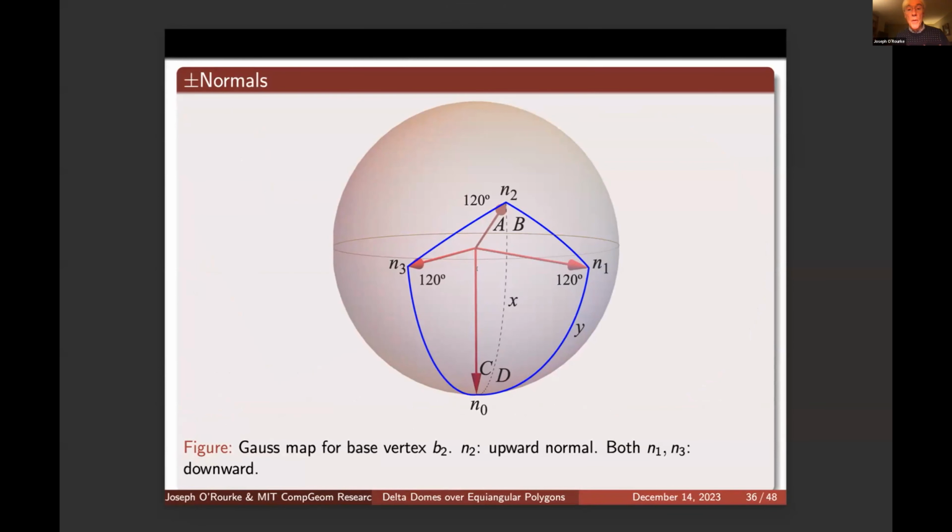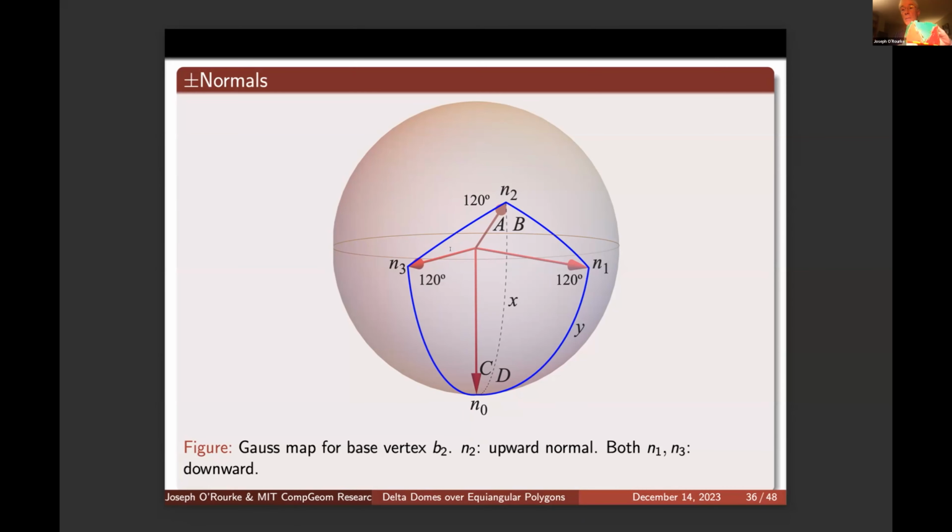So this vertical normal, which I've labeled N0, is the base. Let's say, again, of something like this, you have the base underneath has a normal vector pointing straight down. And then you can see this light brown equatorial plane, and N2, the middle of the three normals, is above the equator, and N1 and N3 are below the equator, which means that N2 points up, N3, N1 points down.